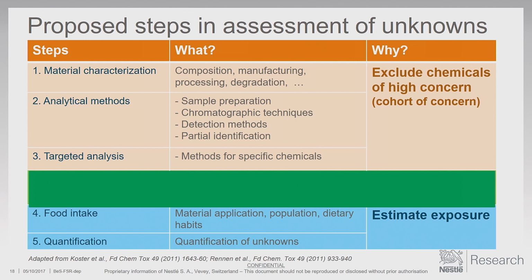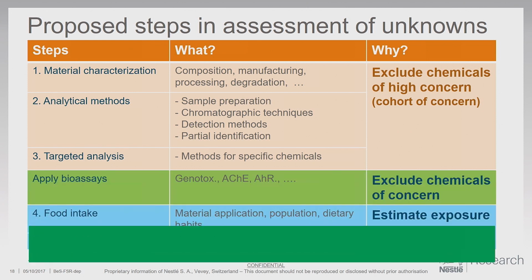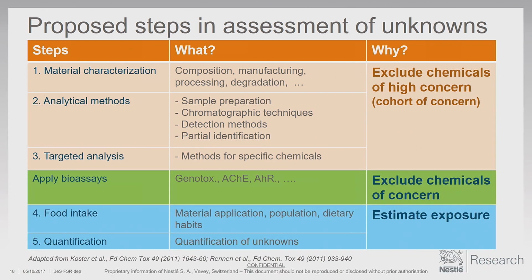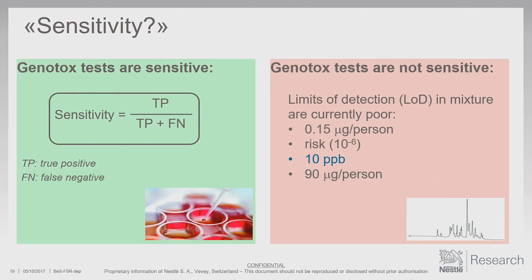Then you can draw a lot of conclusions based on the type of analysis you do on the migrate, and you can also do targeted analysis. And now it is also proposed that you should apply bioassays, in particular genotoxicity assays. Now the big challenge of this is about sensitivity.